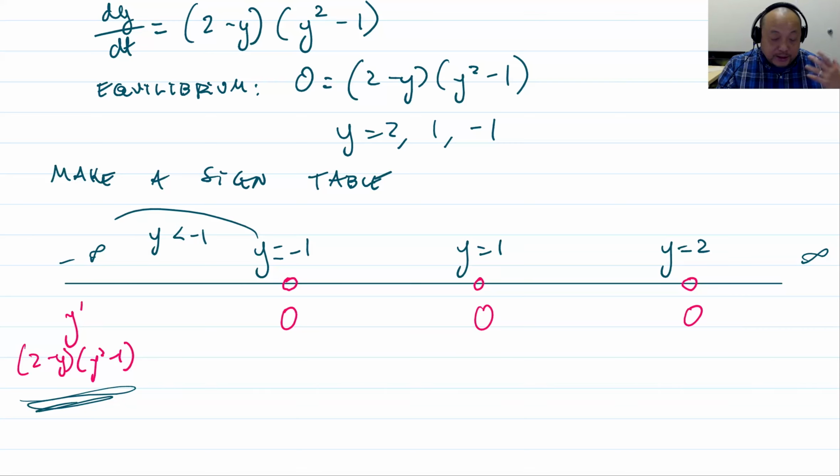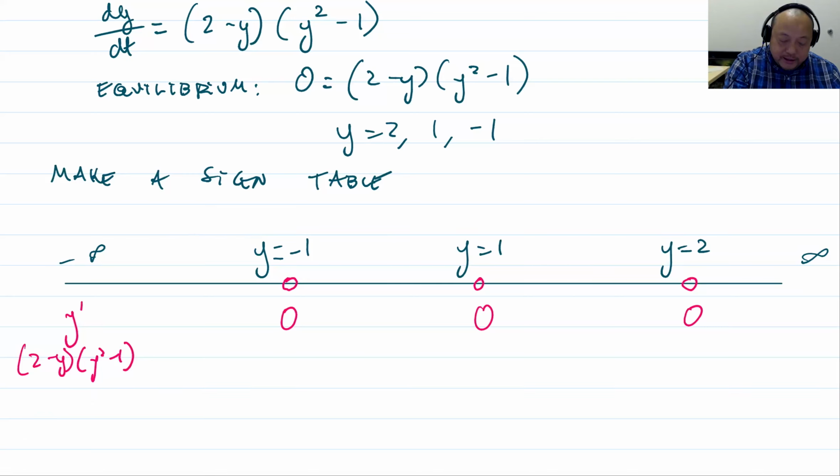Well, I could do complicated algebra with inequalities and all that. But if you remember what we did in Calc 1, we didn't need to go through all the algebra. All we needed was a test value. So over here, all I need is a test value. Let's say I test it with y equals negative 2.